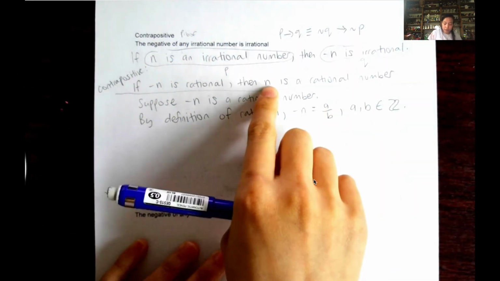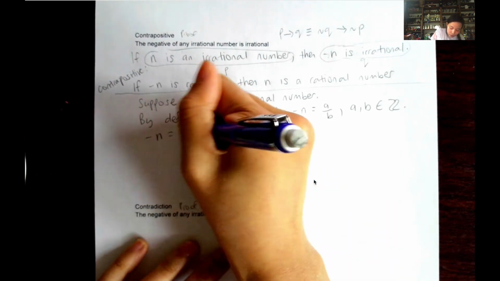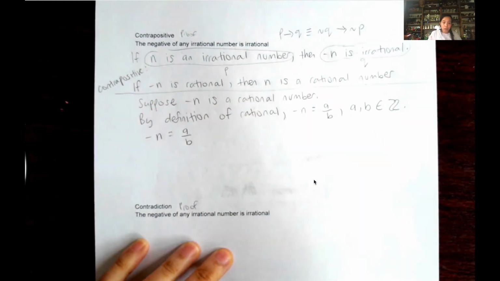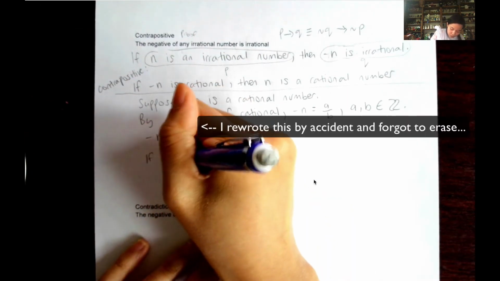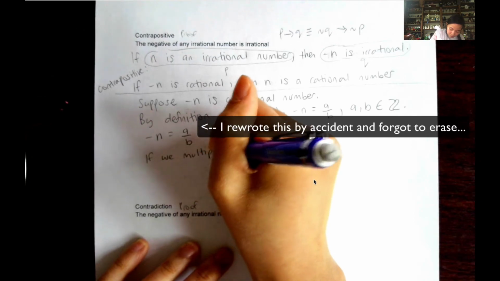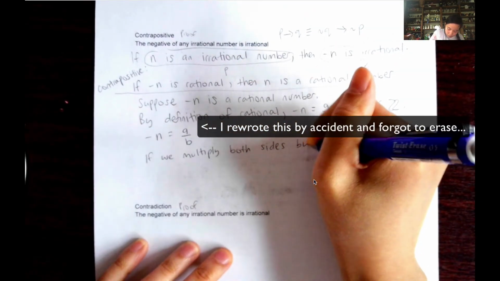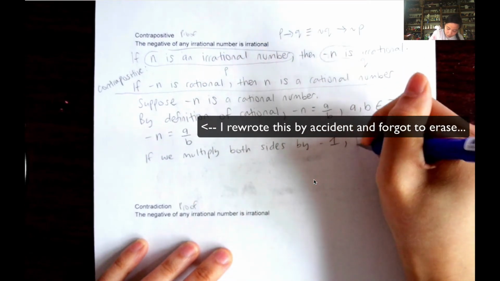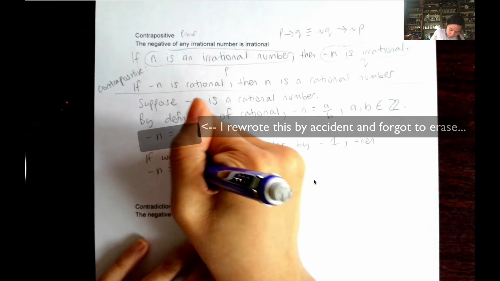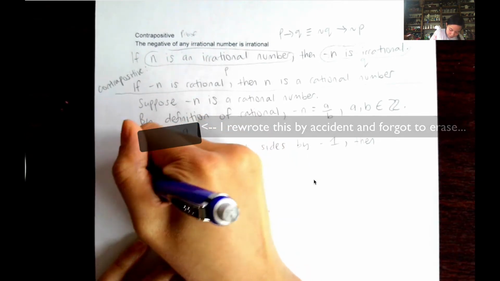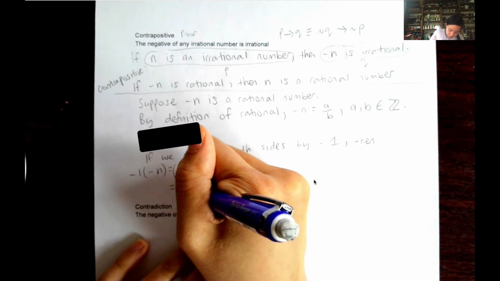So let's introduce n. Well, how can we do that? Well, we know that negative n equals a over b. So by doing algebra, if we multiply both sides by -1, then negative n times -1 equals a over b times -1.